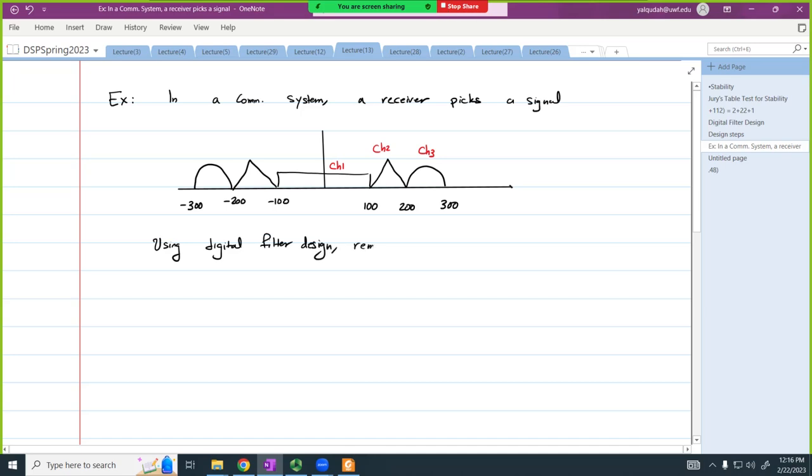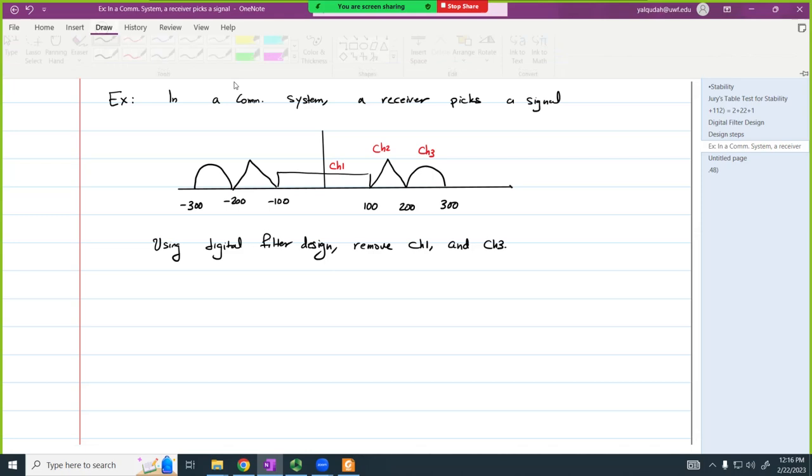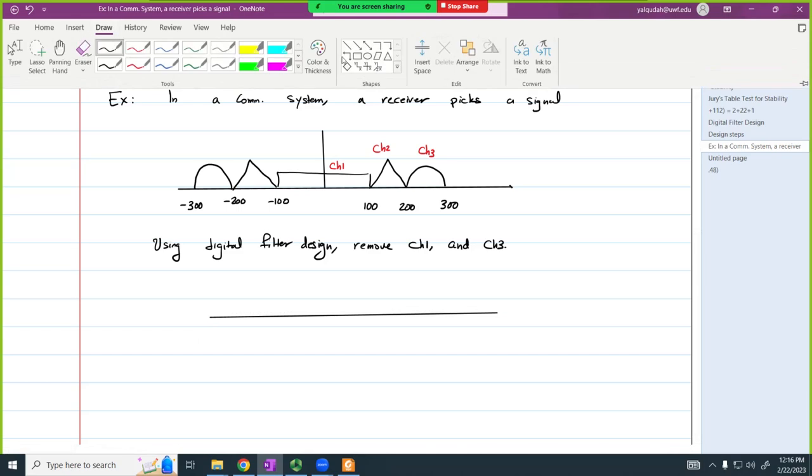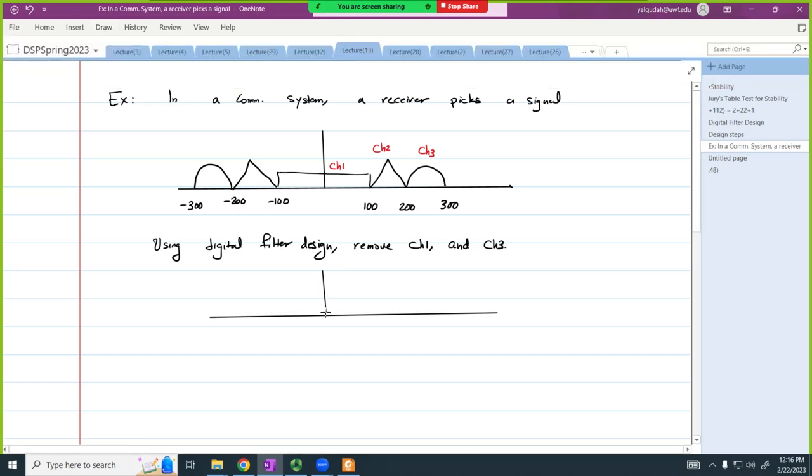We're going to remove channel 1 and channel 3, and therefore, I'm going to design a filter. What is the effective filter going to look like? A bandpass filter. Very good.